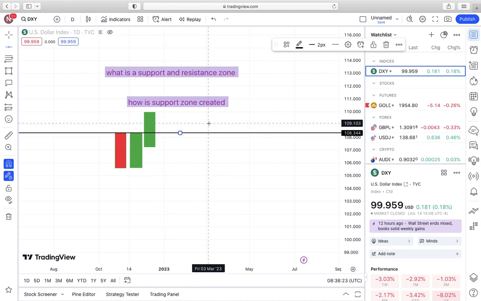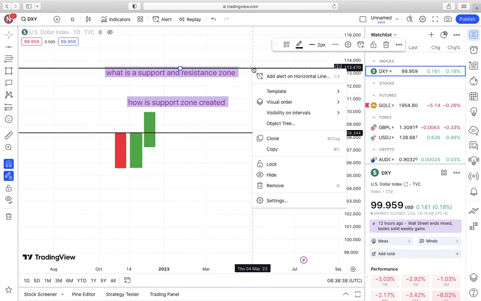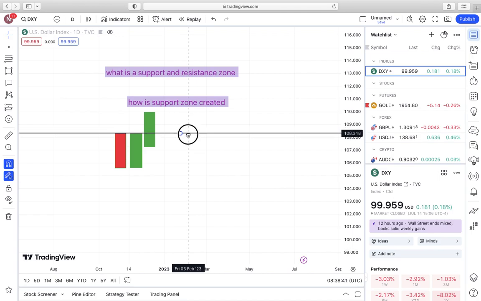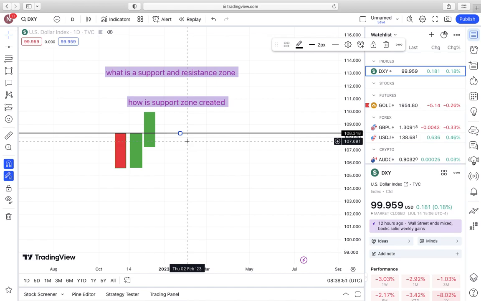How do you wait for the actualization of that given support zone? I had said that the next candle to be printed, which is supporting the support zone or the demand zone which was created, must be engulfing the previous candle. Just come here, put this line. When the market engulfs this previous candle, you have to wait for that candle to be fully formed. When that candle is not fully formed, we are not going to say that support zone has been actualized.